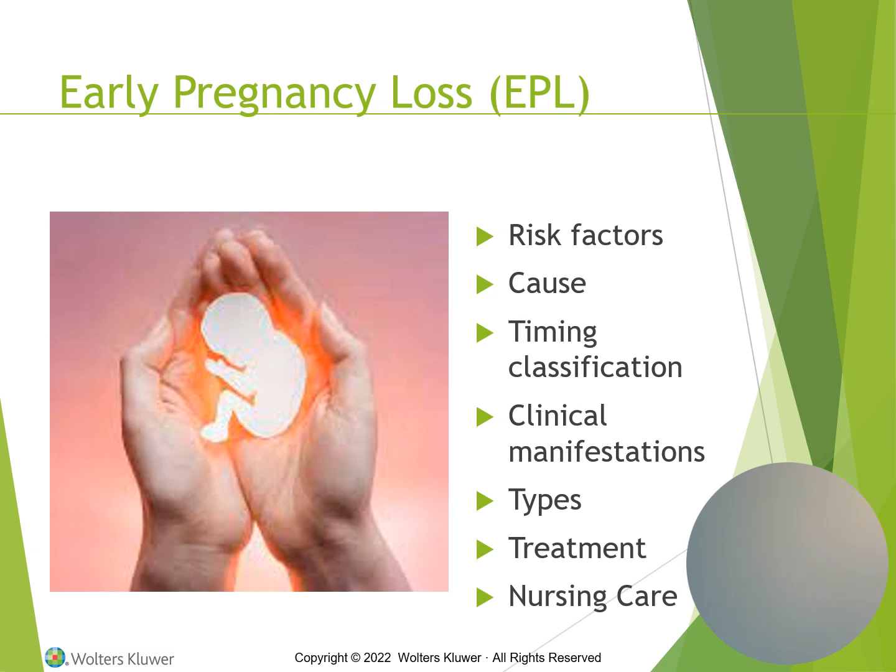Treatment will depend on the type, but there's no specific treatment that can prevent loss. As nurses, we provide support, refer for grief counseling or a support group, and if the parents want, they should be allowed to see and or hold the fetus.